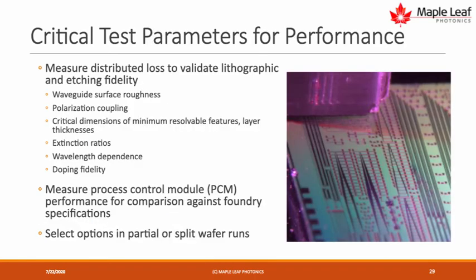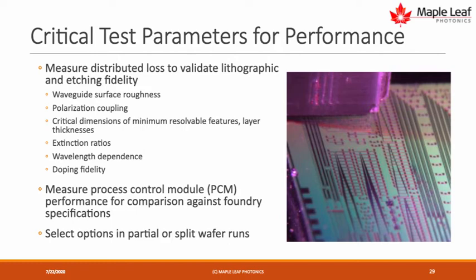So as we learned, some of the critical tests that you would want to implement really have to do with what's going on at that silicon layer. And with Luna products, you can do these measurements entirely optically. And what you learn is the waveguide roughness from your lithography. You can establish the polarization behavior of your passive circuits. Establish whether the critical dimensions and the submicron gaps between waveguides for couplers are accurate.